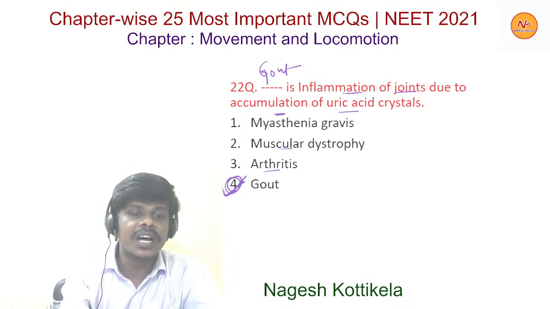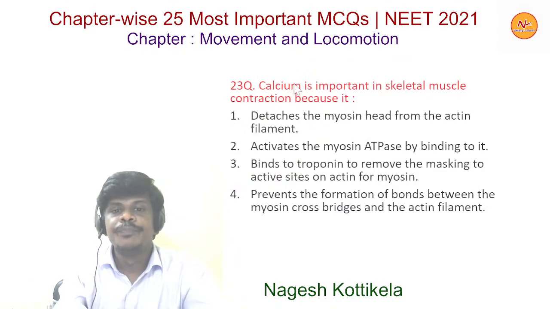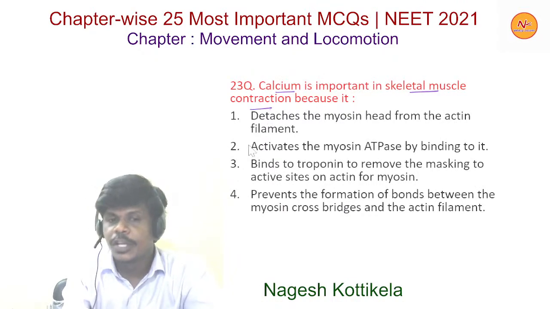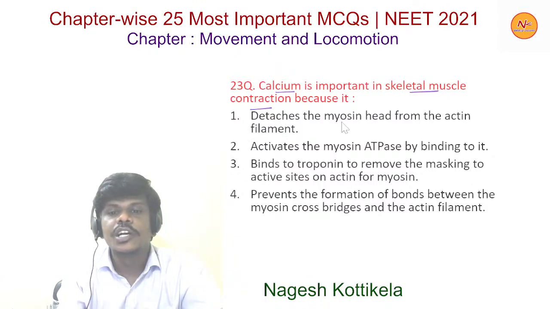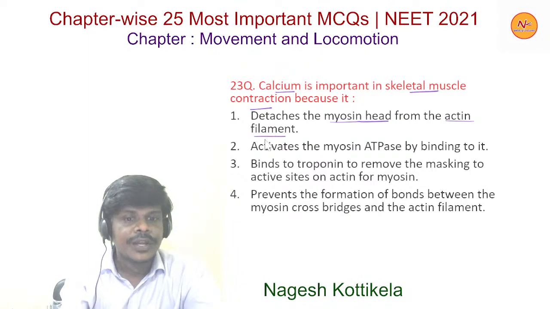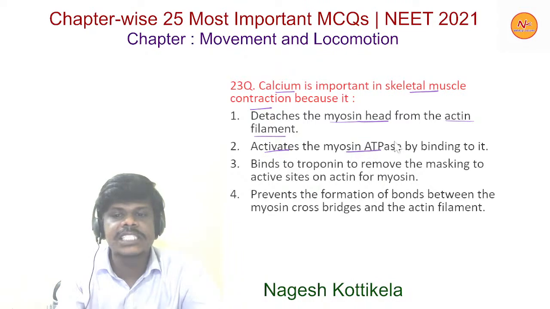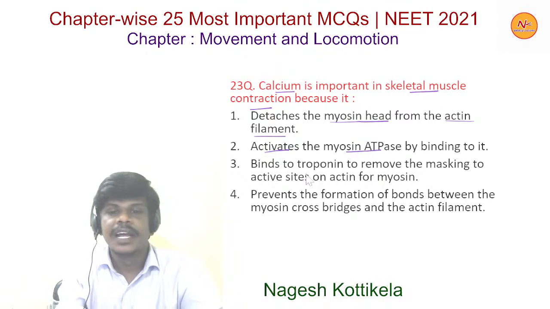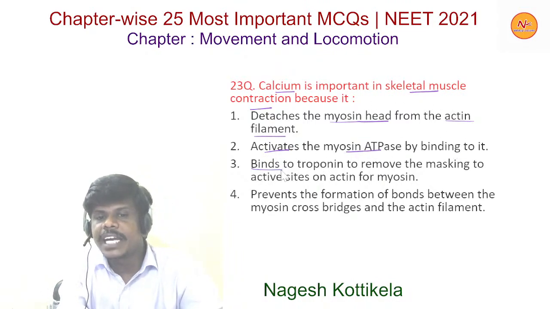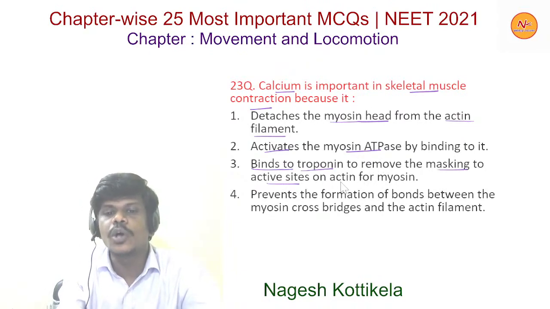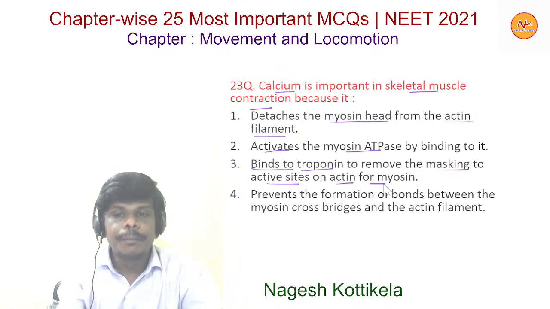Now moving to the next one, calcium is important in skeletal muscle contraction because it: option 1, detaches the myosin head from the actin filament. Option 2, activates the myosin ATPase by binding to it. Option 3, binds to troponin to remove the masking to active sites on actin for myosin.